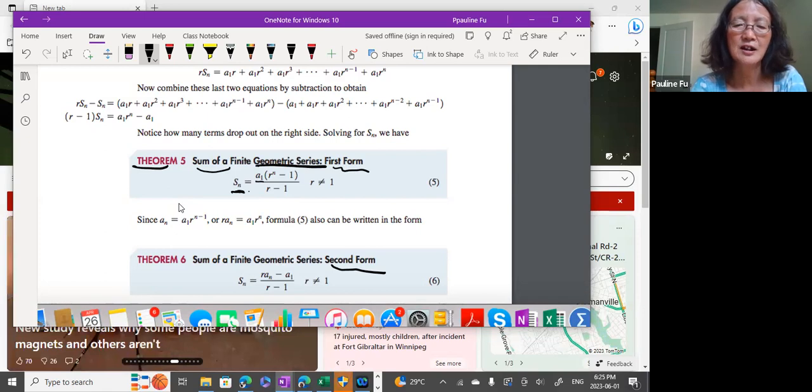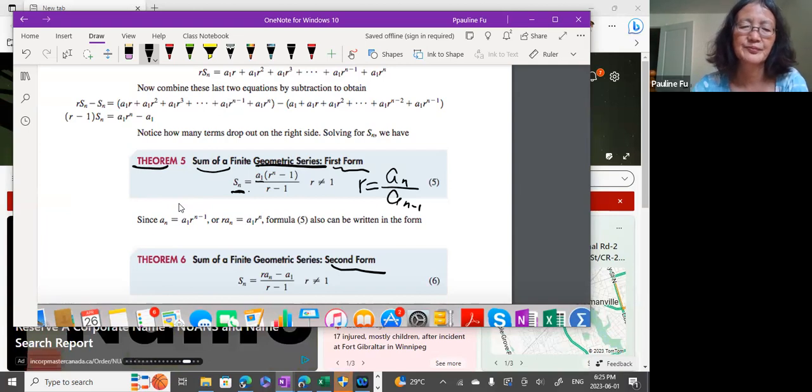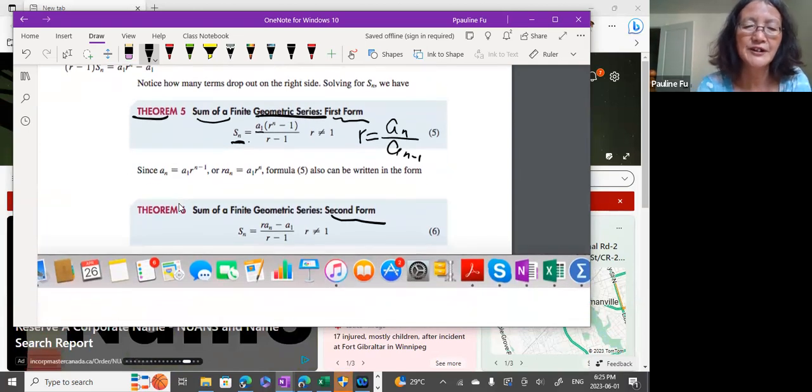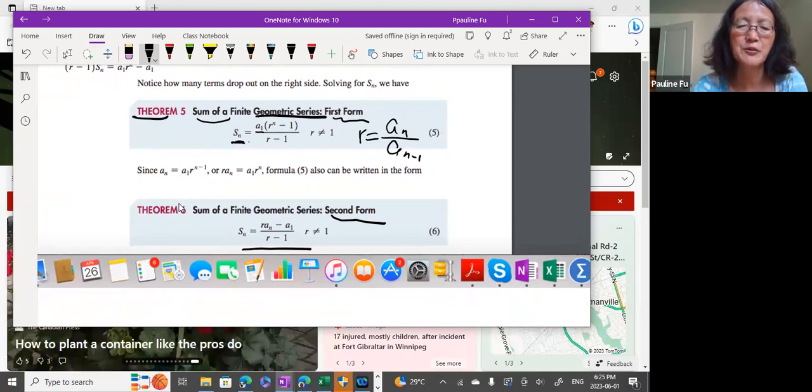So what is r? R is the ratio between adjacent terms, so r is an over an minus 1. And the second form is this one here. The second form just uses a1 and an. The first form just uses a1, r, and n.